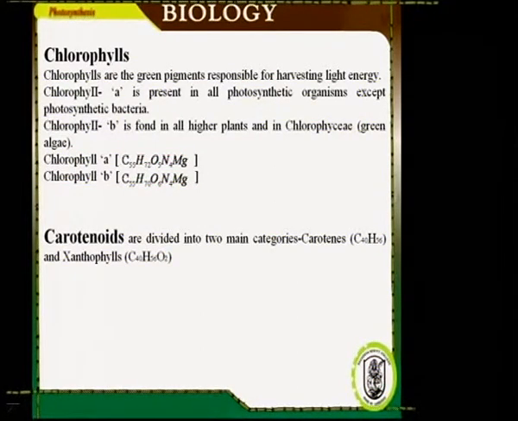Carotenes are C40H56, and the common carotenes are lycopene and beta carotene. Xanthophylls, besides carbon and hydrogen, have oxygen also, that is C40H56O2, and the common xanthophylls include lutein and zeaxanthin.